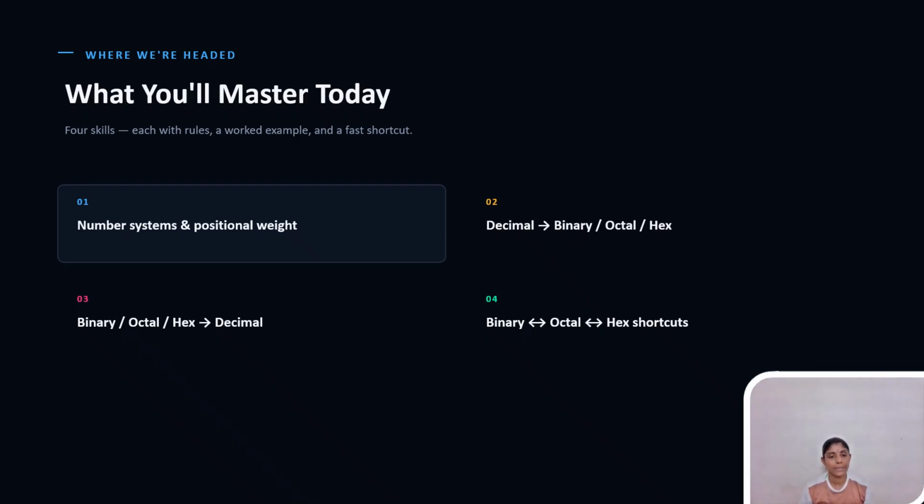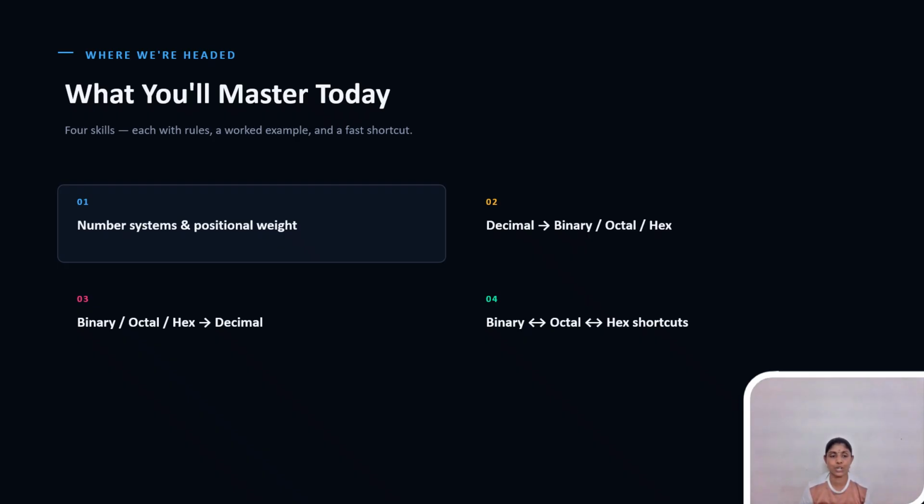So, number system and positional weight. In module 18, we discussed what a number system is and what positional weight is. A number is a framework of the mathematical system, applicable in engineering, computer science, as well as mathematics.